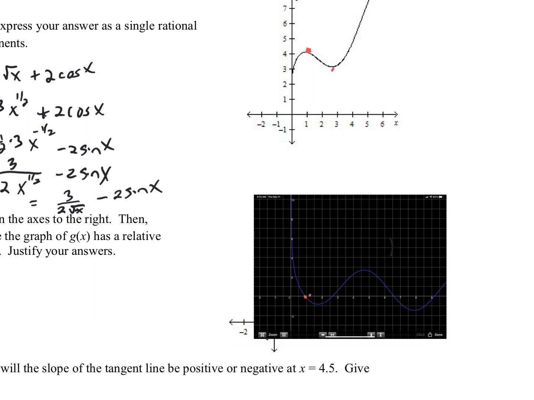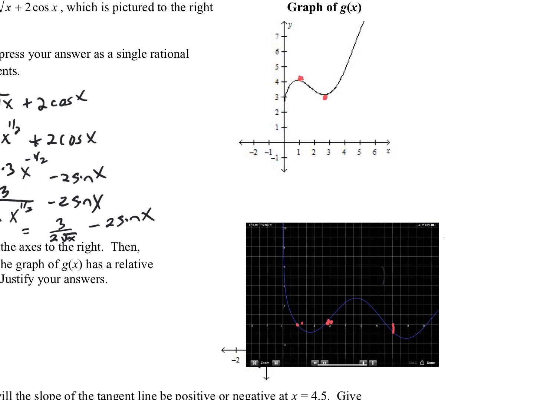This relative min lines up to the 0 here of the derivative. And I'm only going all the way to 7, so that graph goes a little more than 7. 7 ends here. So I don't know if he gave me another min or max up there. Let me see. No, he didn't.